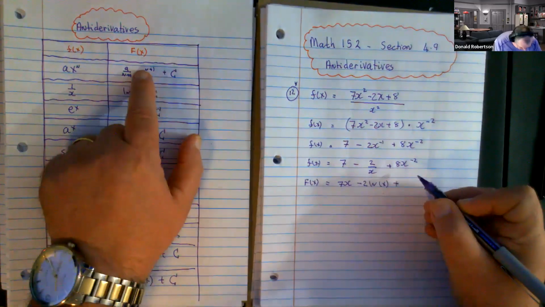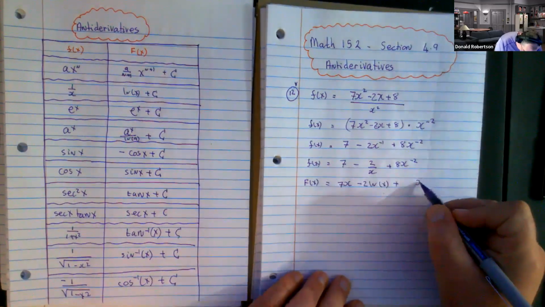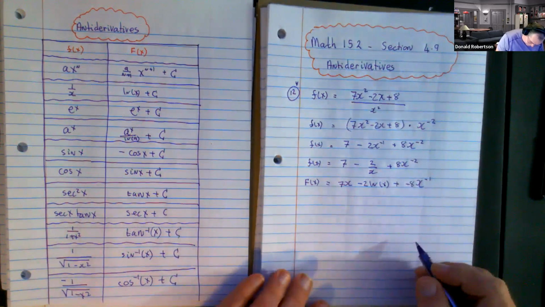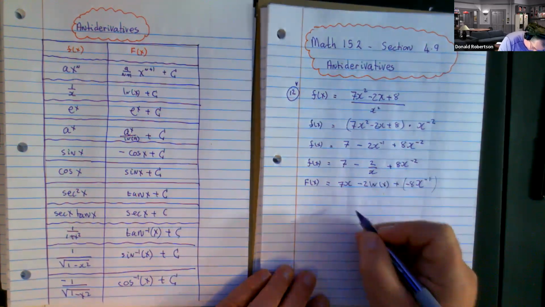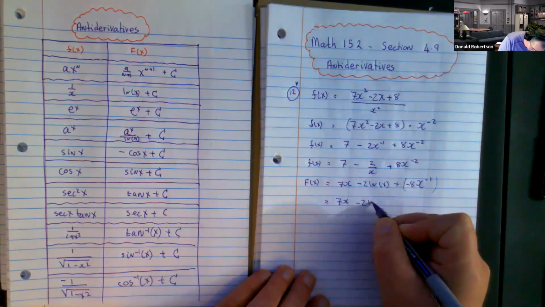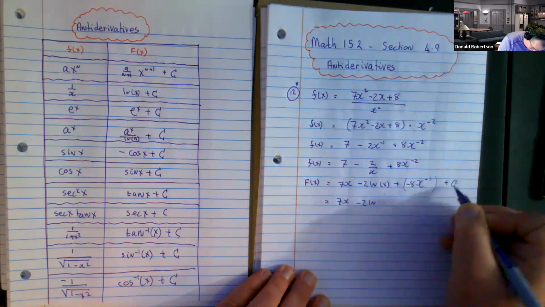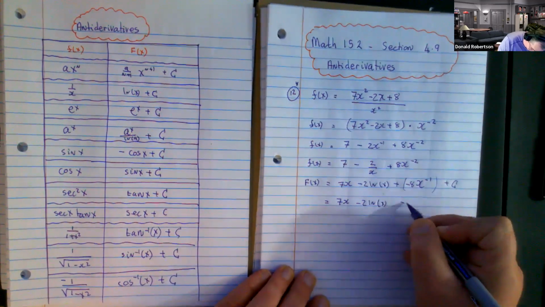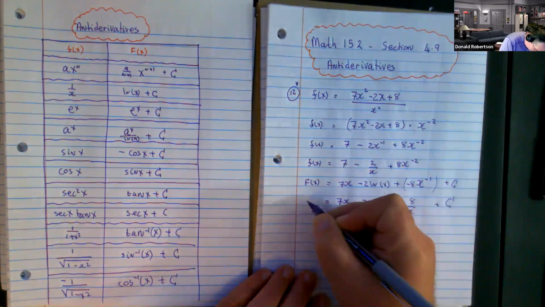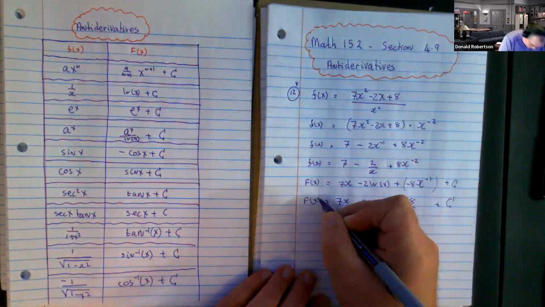And this one is the power rule. So I'm going to add 1 to the power and then divide by the new power. So technically we get that. And then I'm going to make it look pretty, which really isn't going to be that much. That's us finished.